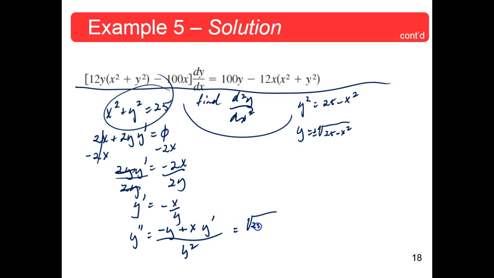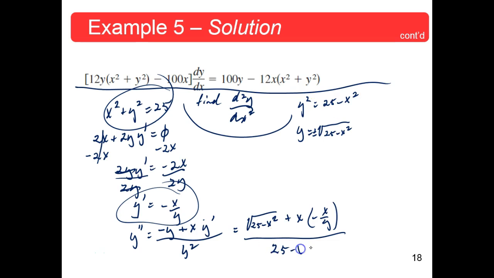Square root of 25 minus x squared plus x times y prime, which is exactly this, negative x over y, right? There's your y prime right there. Over y squared, which is 25 minus x squared. Now, let's see if we can simplify this any way whatsoever.